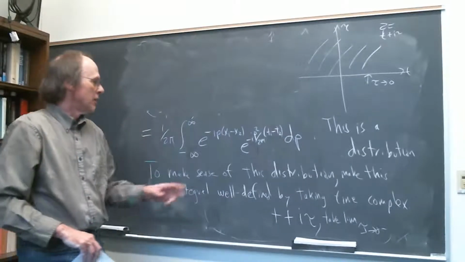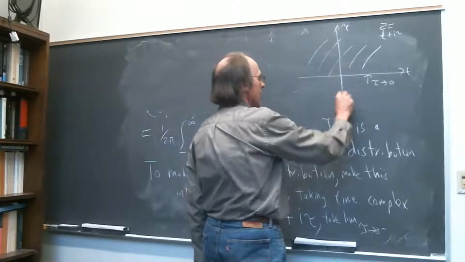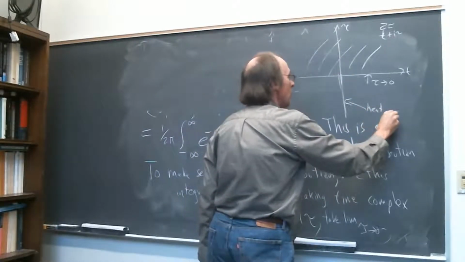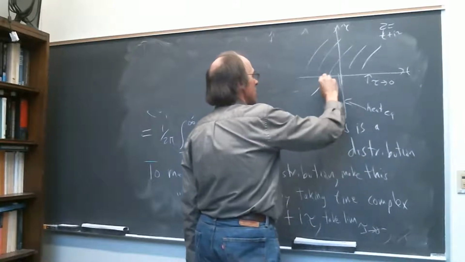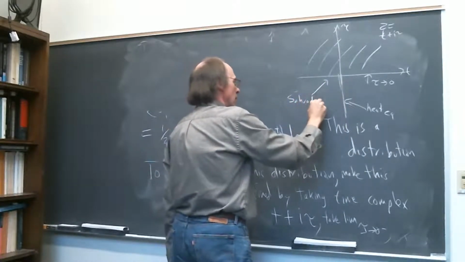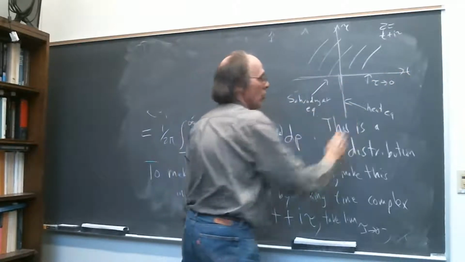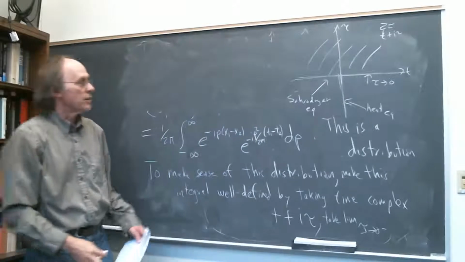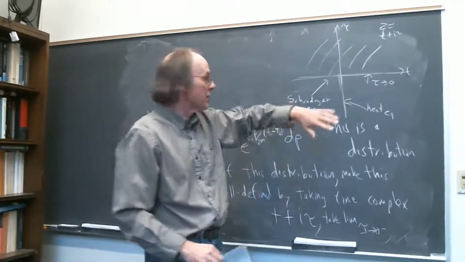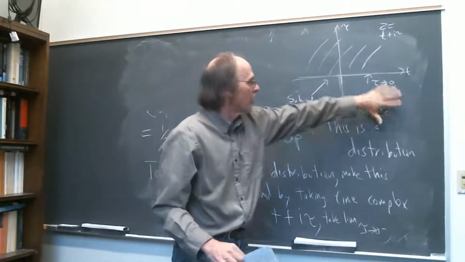But in general, you've got the heat equation along here, and you've got the Schrodinger equation along here. If you know something about analytic functions, the behavior of this is holomorphic on here.